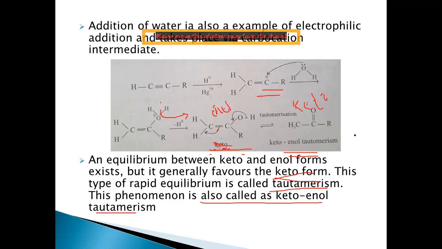Why? Because the C=O double bond is stronger than the C=C double bond. So the equilibrium lies more towards the keto form. This is keto-enol tautomerism.